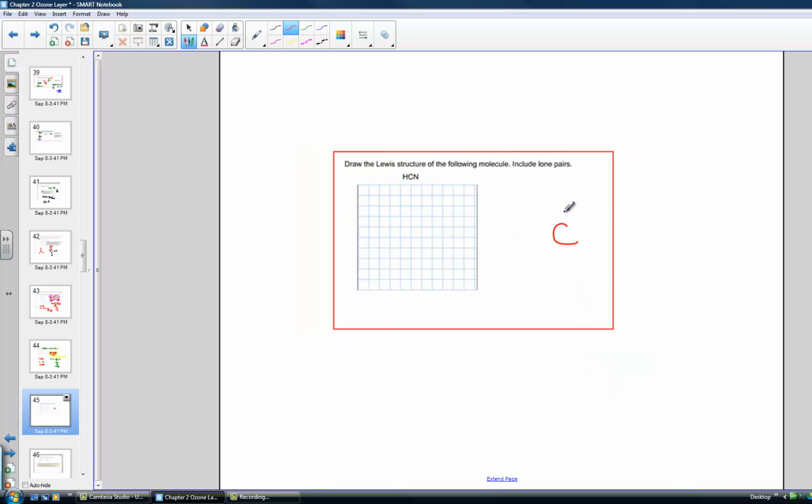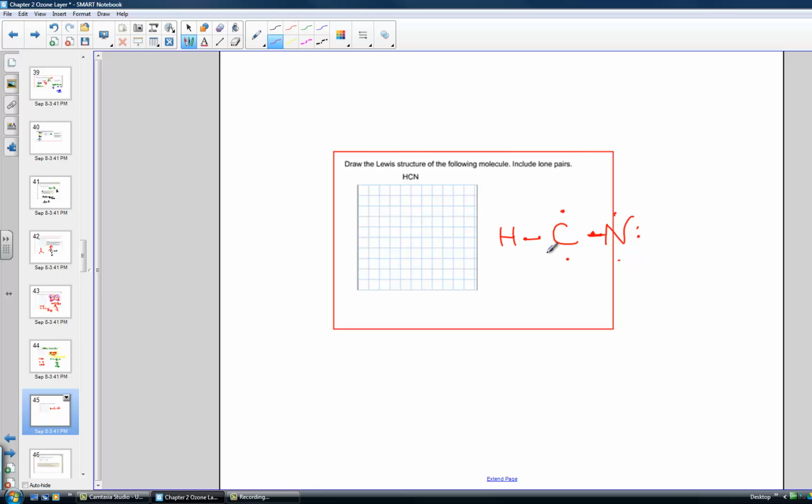Here's carbon with its 4 valence electrons. I can put a hydrogen right here and have that all set. So this side looks good. We'll have a nitrogen. Nitrogen who lives in group 5A, remember? 1, 2, 3. And then if I did 4, 5, I could see a bond forming here.